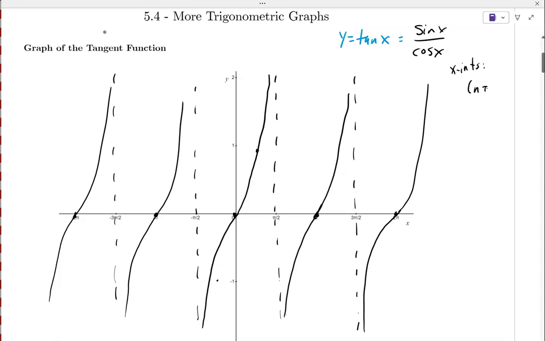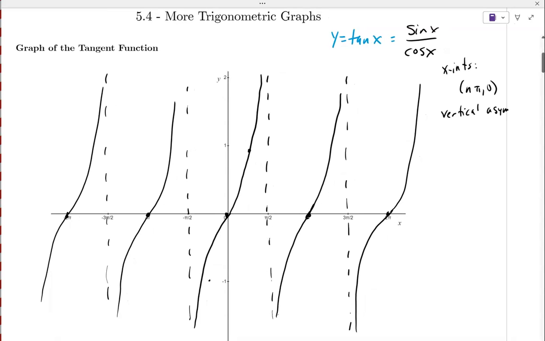These are the multiples of pi again, just like they were for sine. Vertical asymptotes. These are your odd multiples of pi over 2, or pi over 2 plus n pi.